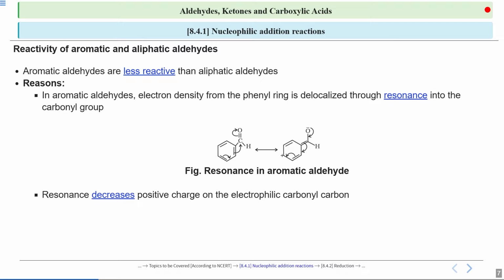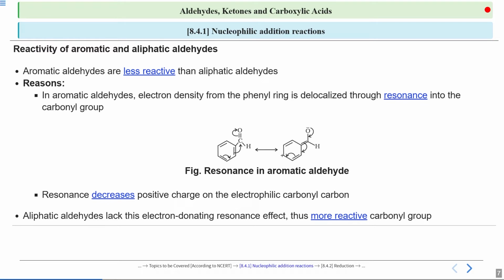So resonance decreases the positive charge on the electrophilic carbonyl carbon. So the nucleophiles find it harder to attack the carbonyl carbon in aromatic aldehydes. So that is why they are less reactive, because the electrophilicity of the carbon decreases.